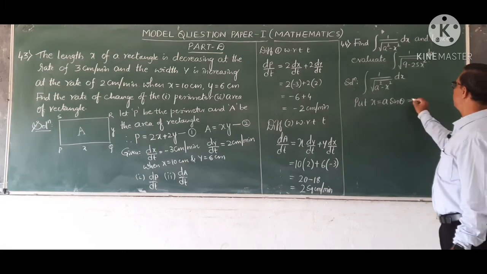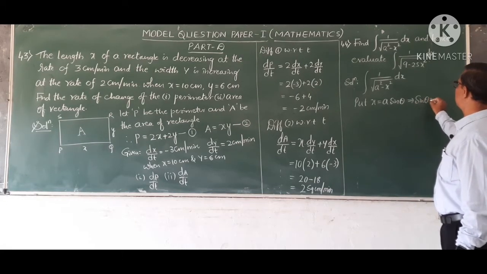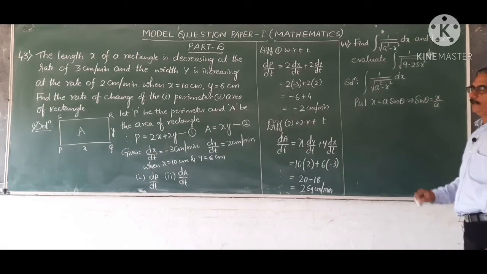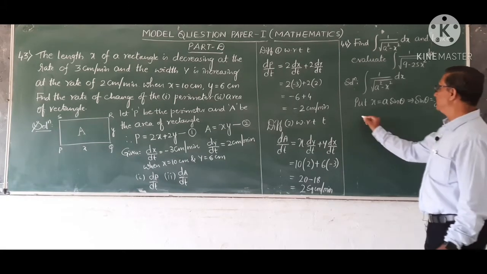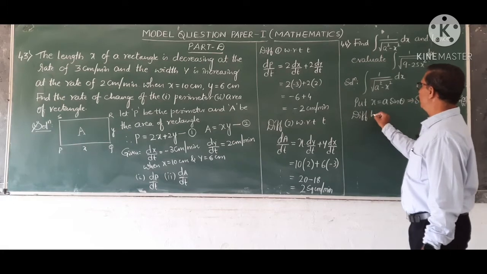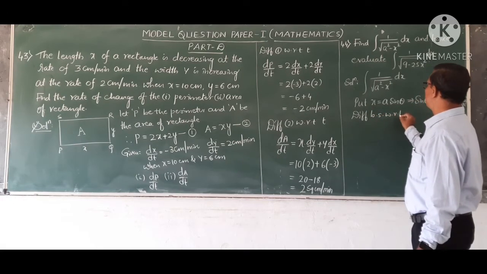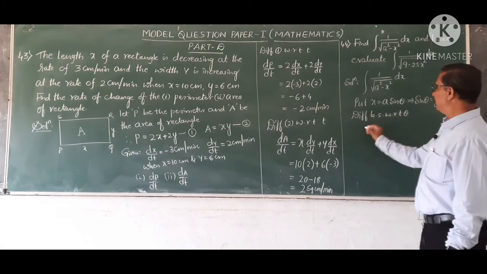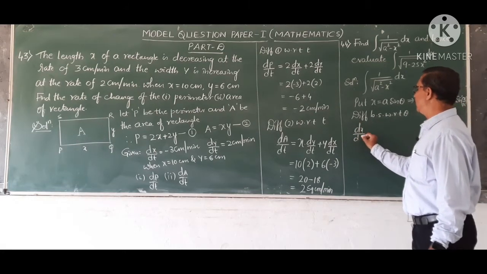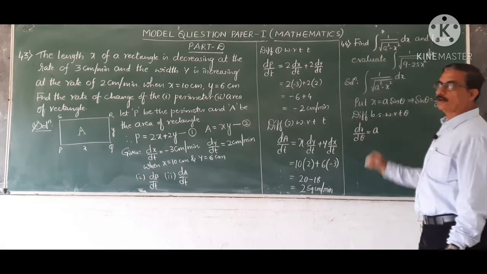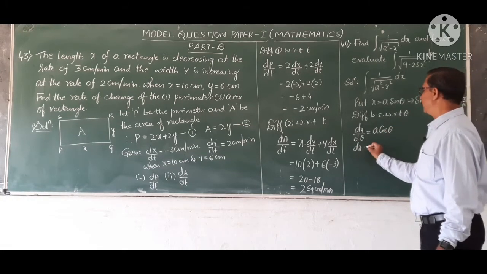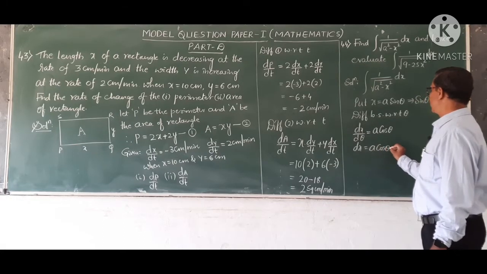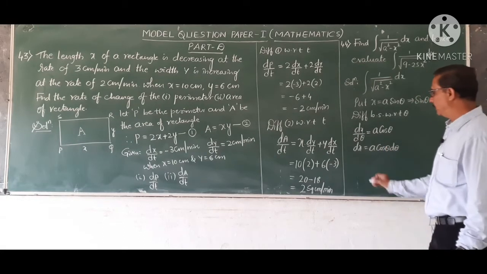This implies sin theta is equal to x divided by a, or theta is equal to sin inverse of x by a. Then differentiate both sides with respect to theta. dx by d theta is a times the derivative of sin theta, which is cos theta. Cross multiplying, dx is equal to a cos theta d theta.